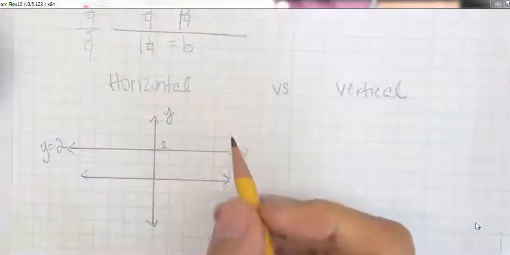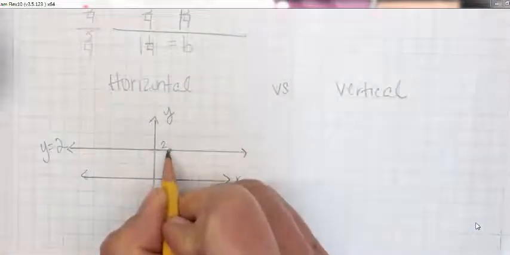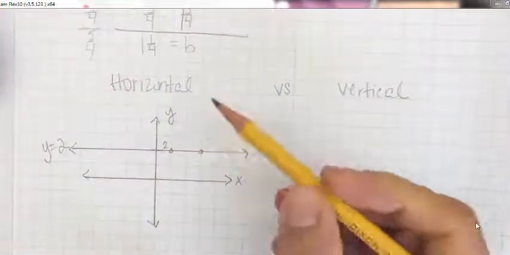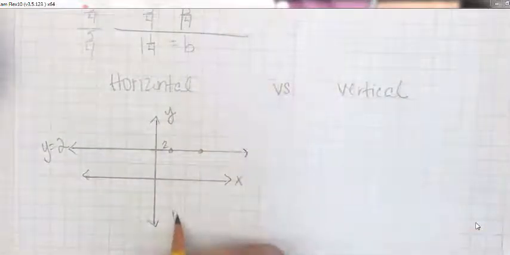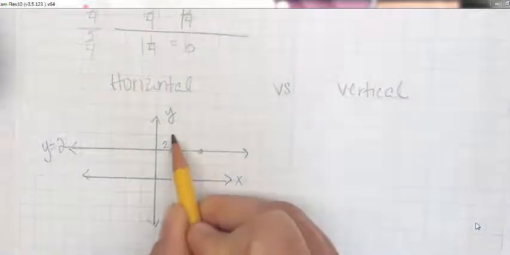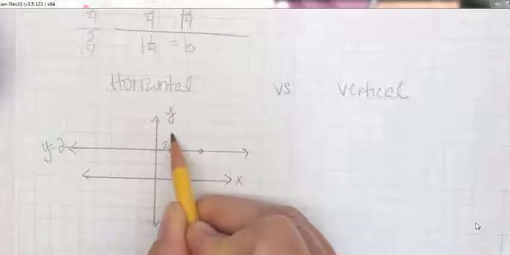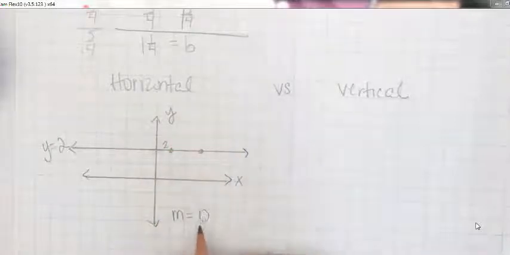So for a horizontal line, if I take any 2 points on this horizontal line, and I try and find the slope of this, let's just think about the slope here. Is there any rise between these 2 points? Just think about rise over run. Any rise at all? Any change in the y's? There's no change in the y's.